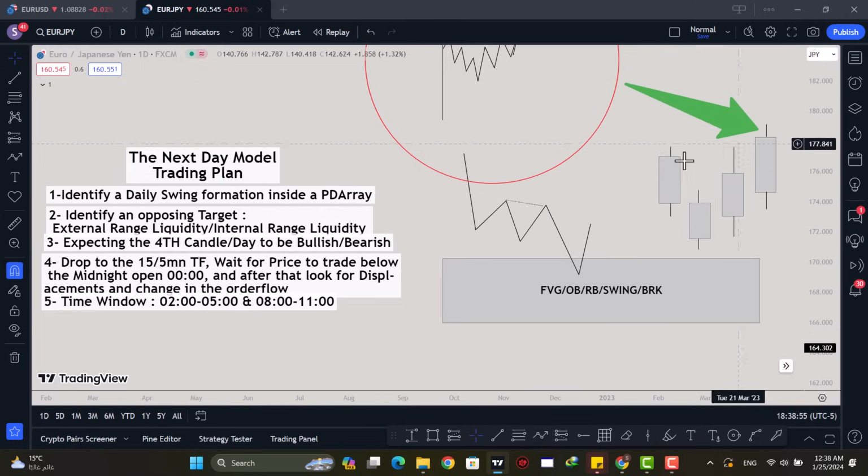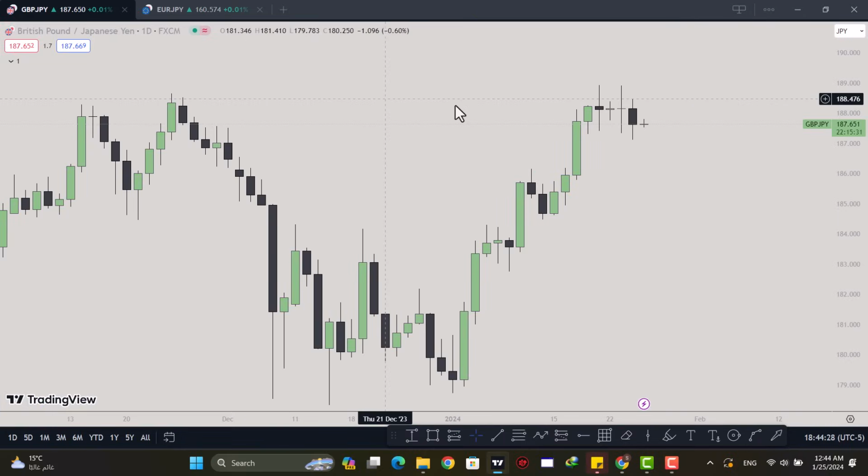And now after finishing explaining the plan, I believe we should transition into real chart examples, and I'm going to show you how to apply this trading plan on the charts and how to look for setups. So the first example is from the GJ daily chart. On this chart, I'm going to give you 2 examples.